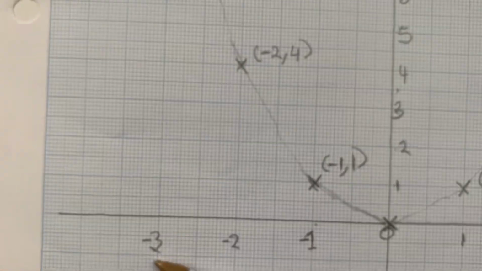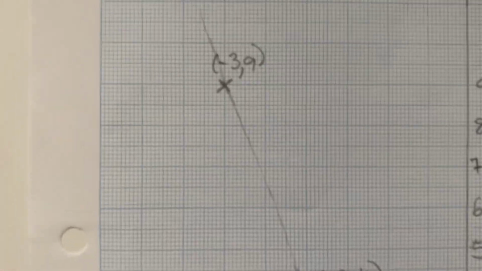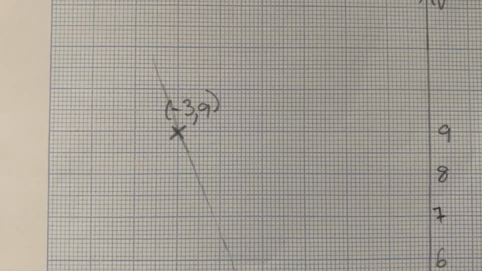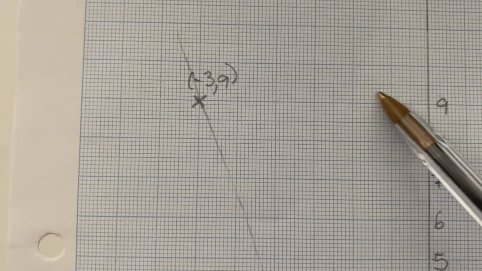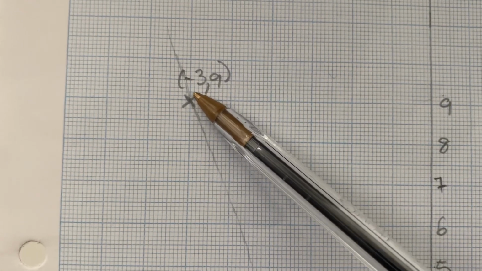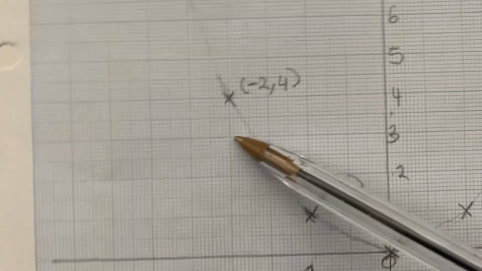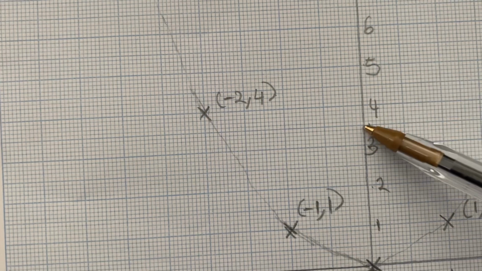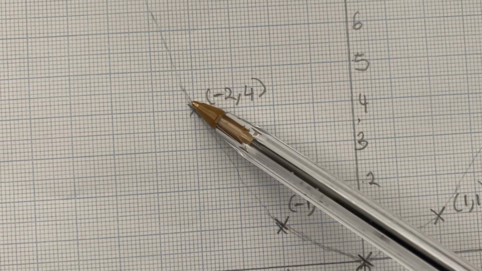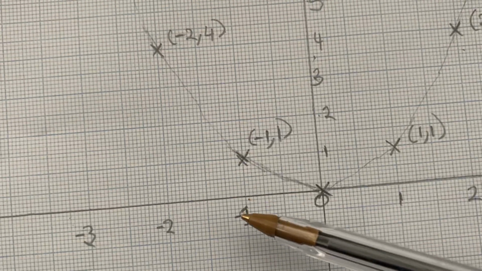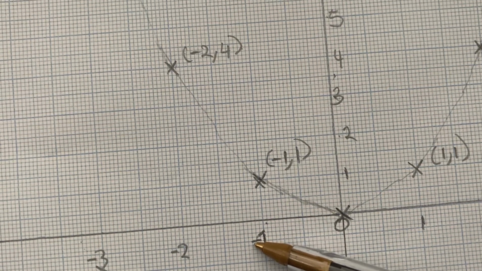When x is -3, y equals 9. So I use a ruler, so that will be my point. When x is -2, y is 4. You can use a ruler to get accurate plotting.